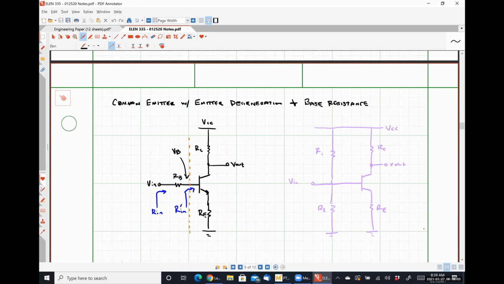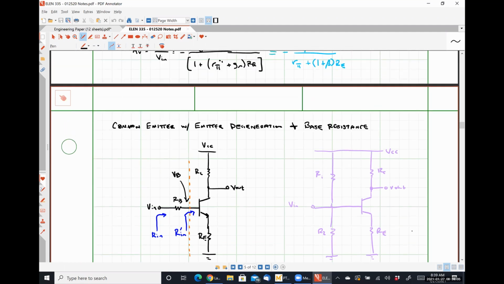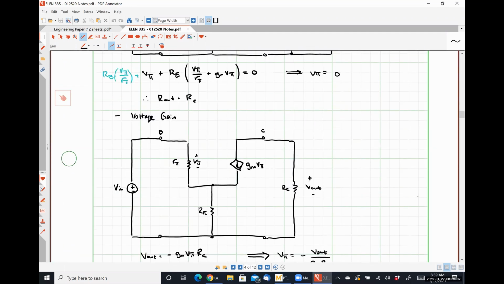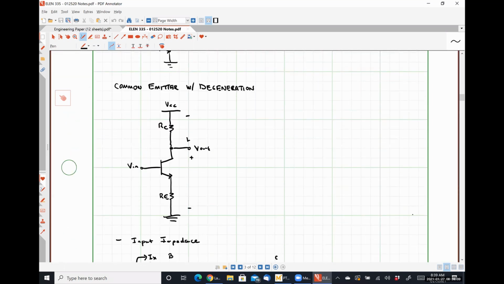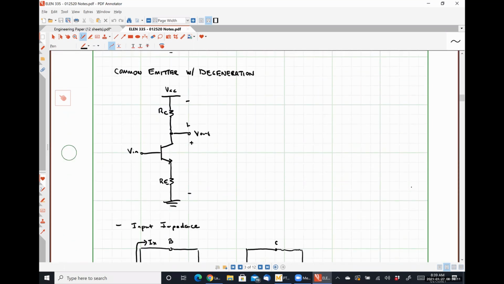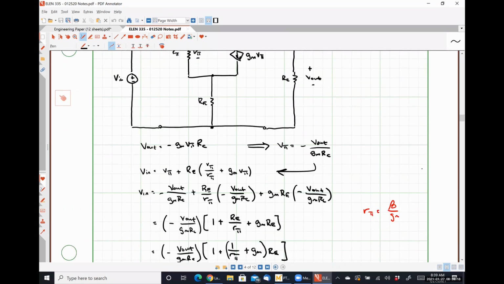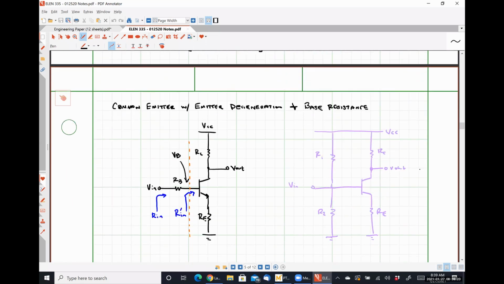I guess the question here is, do we want to use the common emitter with emitter degeneration model, or do we want to use the common emitter with emitter degeneration and base resistance?